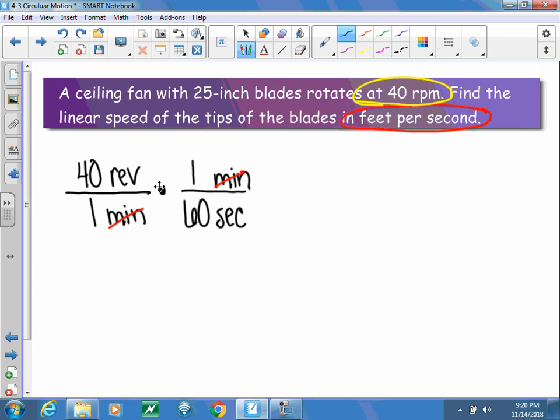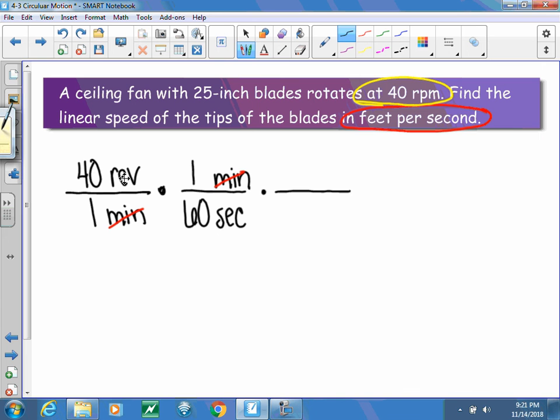Now I just need to convert the revolutions into feet. Here's where it gets a little bit tricky, starting to get this whole idea of what a revolution is. A revolution is one time around a circle. So I need to somehow convert from revolutions into feet. I can do that by involving our arc length.